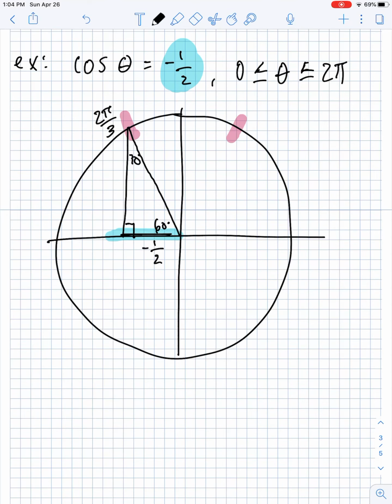But once again, the theme with all these problems is there's multiple answers depending on how far you're going around the circle. If you take this triangle and you flop it down into the third quadrant, there is another triangle that has that same base right here of negative 1/2.